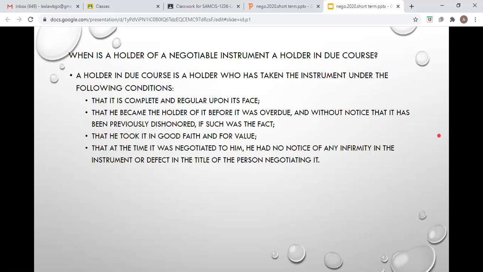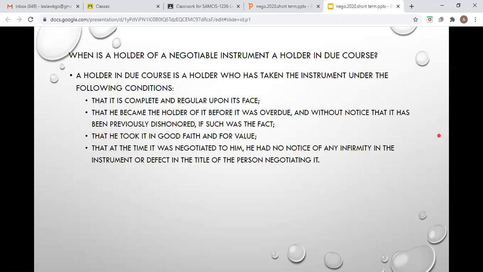Okay. Another one is that without notice that the instrument has been previously dishonored. So dishonored by non-acceptance or dishonored by non-payment. You have no notice about those so that you can still be regarded and considered a holder in due course.